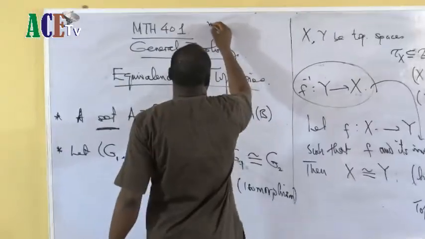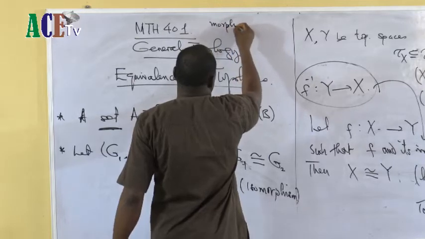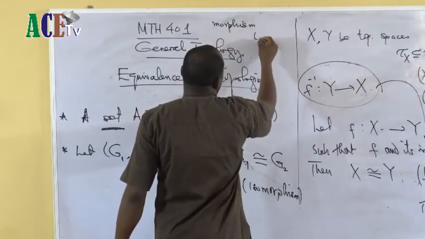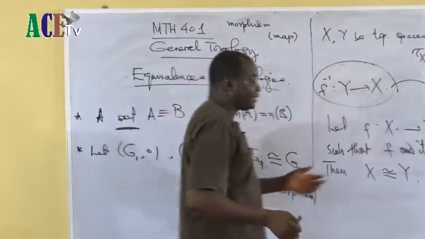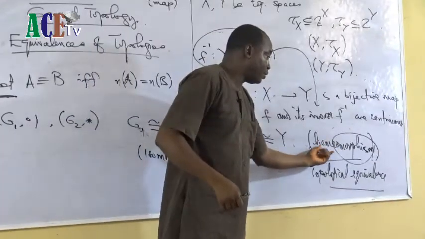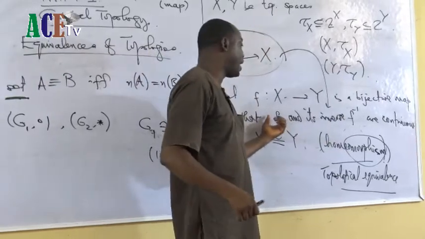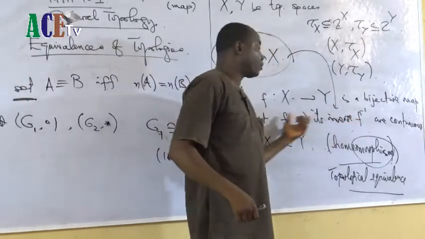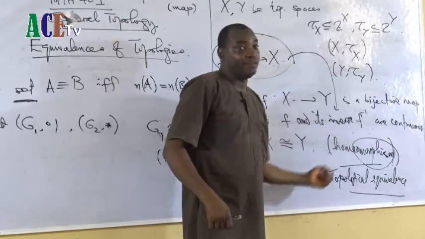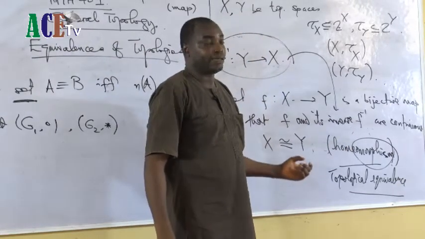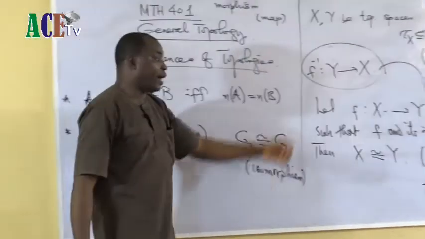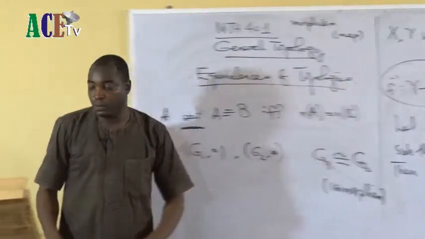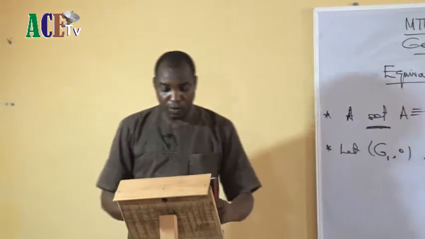So whenever you hear morphism, it's simply a map. The word homeo here means you have both the continuity of the map and its inverse established on the map. So when you have that, you have what we call a homeomorphism.